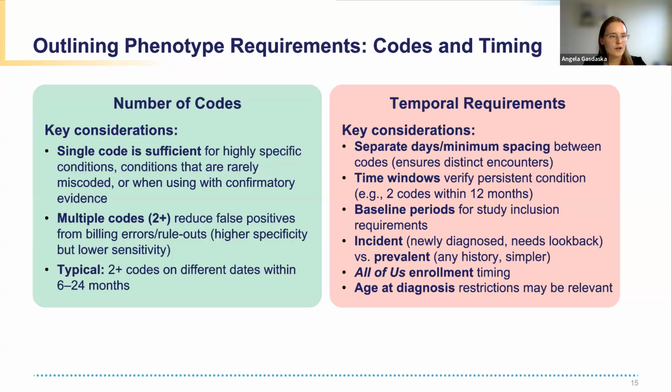And then finally, one more thing to note about temporal requirements is that in All of Us in particular, it's important to consider enrollment timing, especially since all of the surveys are taken at the time of enrollment. So if you're thinking about linking survey data with clinical data, you might want to require a diagnosis code or some kind of EHR code around the same time as this person is enrolling in All of Us.